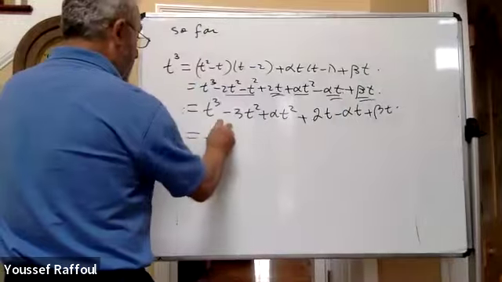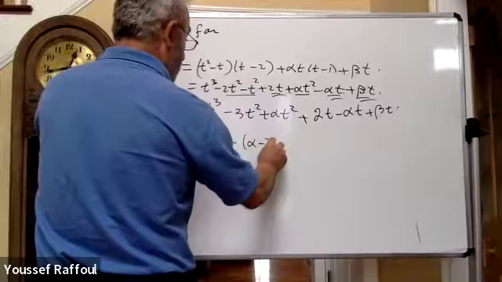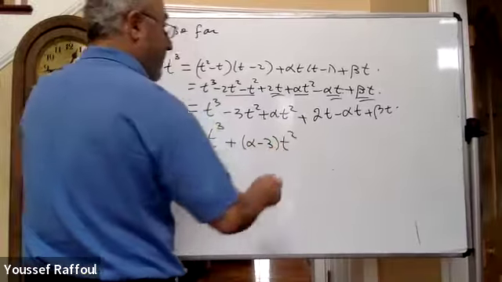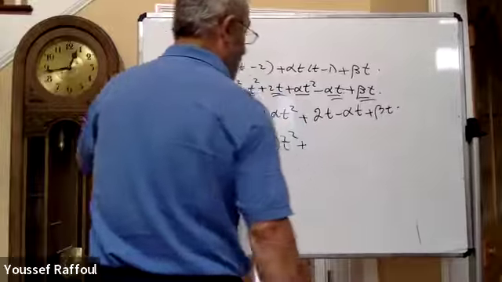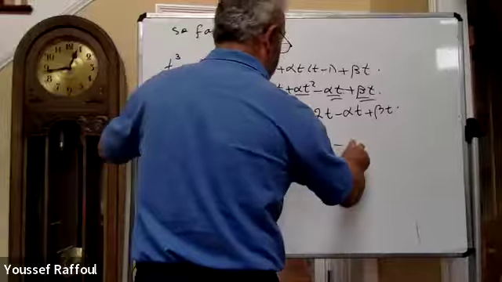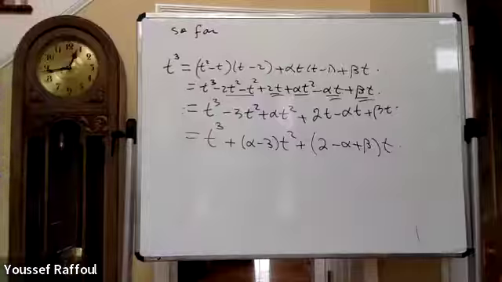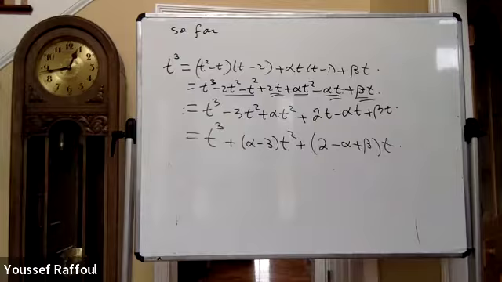So this is t cubed plus alpha minus 3 t squared plus 2 minus alpha plus beta t.